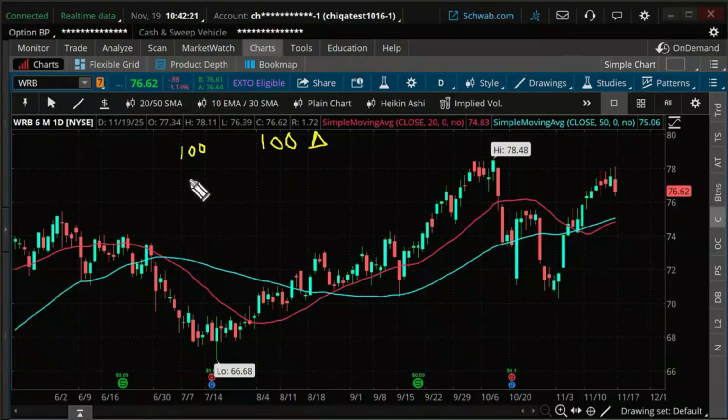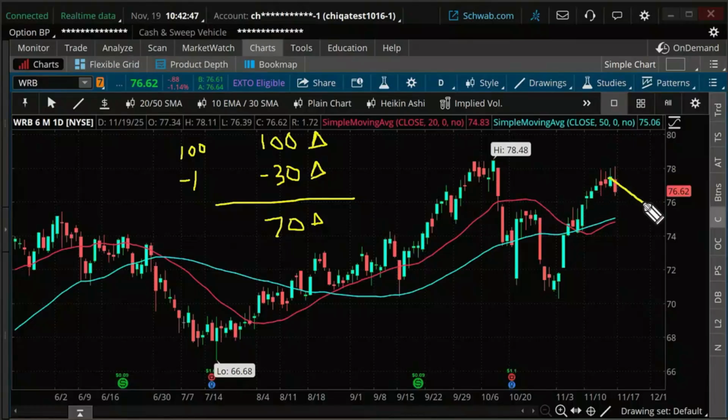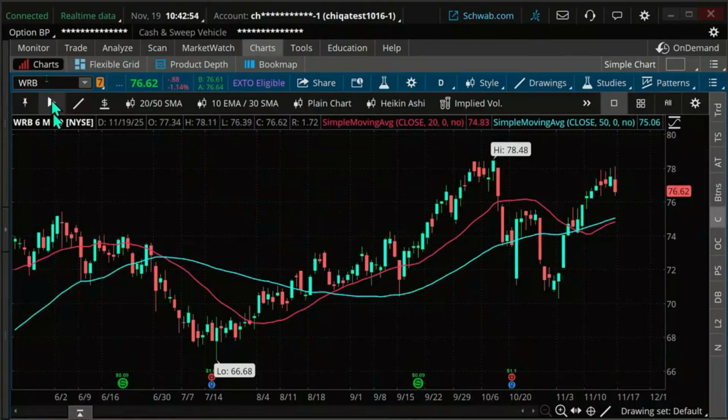If I own a short call on it, it depends on what strike you pick, but my delta is going to be, we'll just say, for example, a negative delta. My net delta on this is going to be about 70, okay? So it's still a bullish trade. So you don't do covered calls on stocks that you think are just going to be long-term down. But if you think it may go down a little bit and then recover, then it may make sense to do that. So that's kind of the consideration on the covered call.